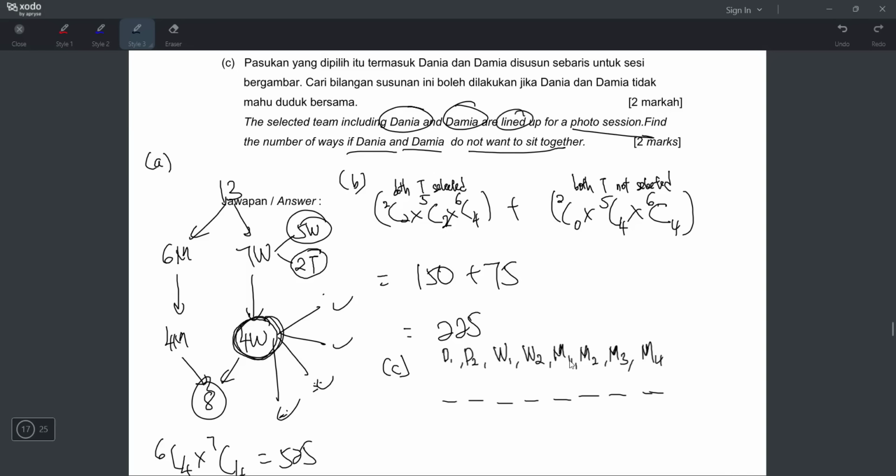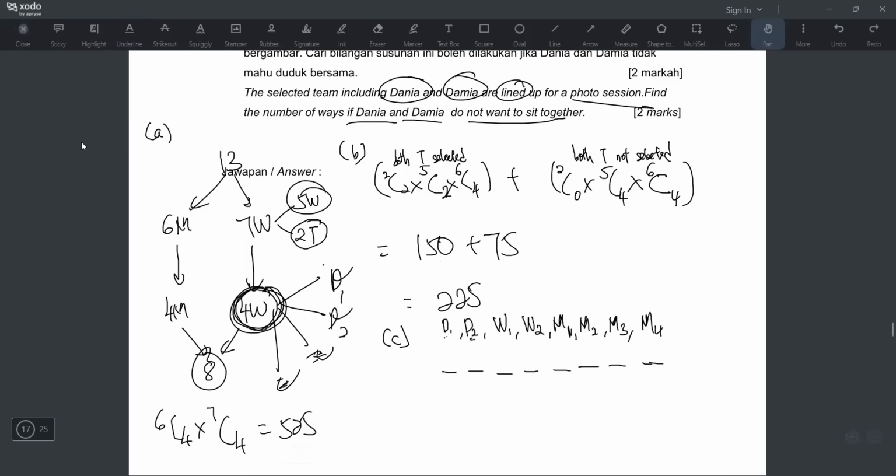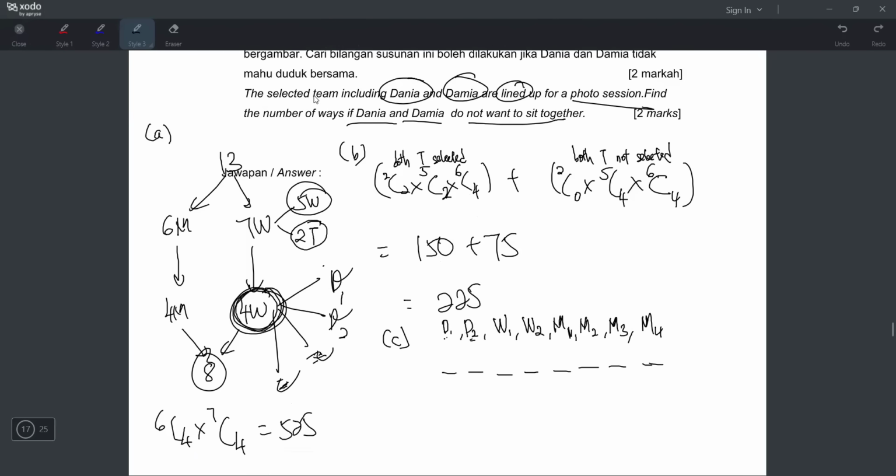Okay, now this is your members. First one is Dania and Damia. Okay, and then since you only have 4 slots for the women, both Dania and Damia are already chosen. So Dania D1 D2, then the rest must be 2 random women from here, and then 4 men. Okay, now they want to line up, but the condition here is Dania and Damia do not want to sit together.